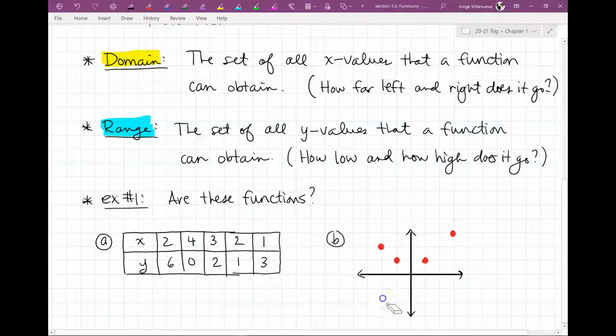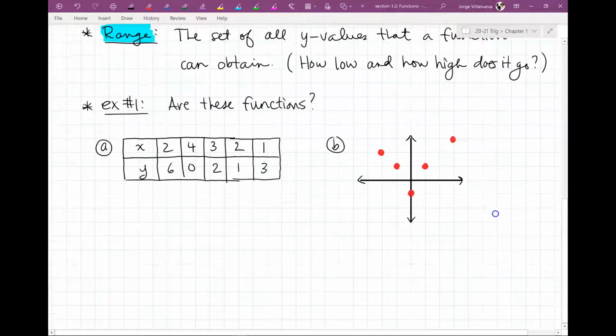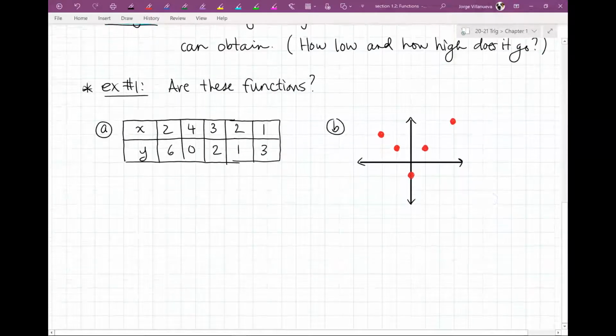Actually, let's see. This other one I messed up on the red dot. It should be here. Sorry. So I'll give you a moment just to kind of draw that in.